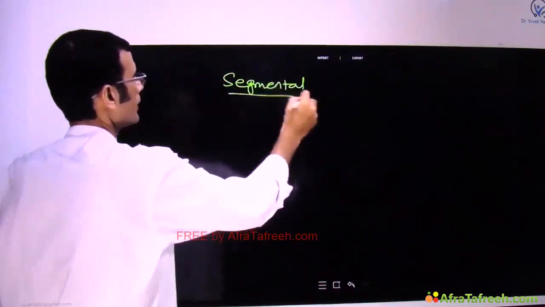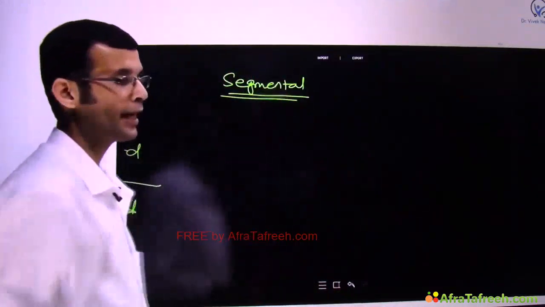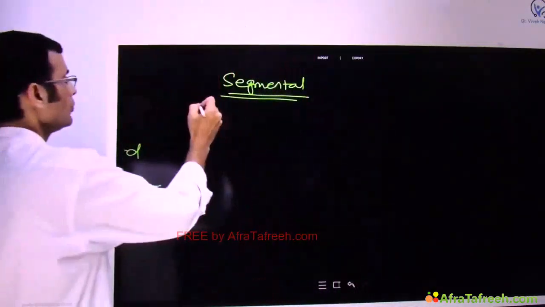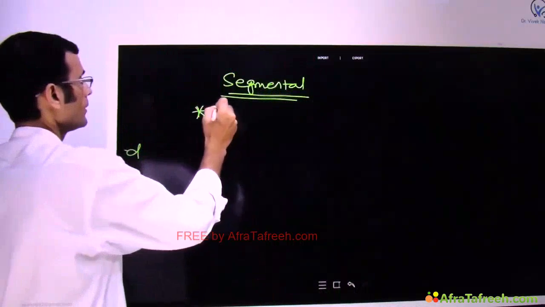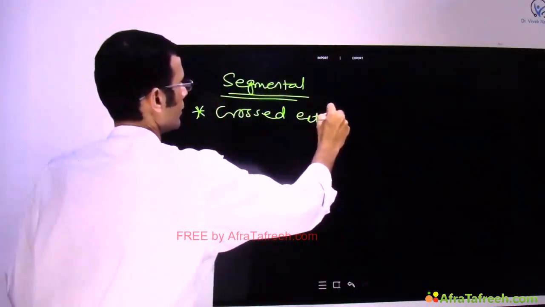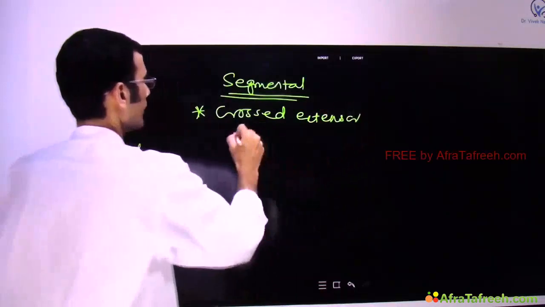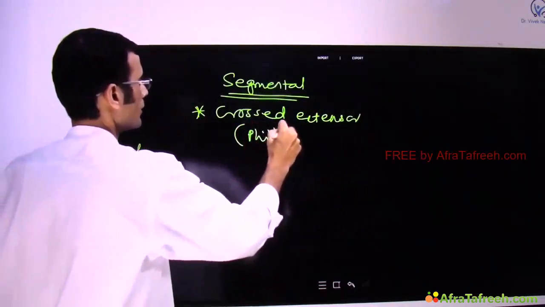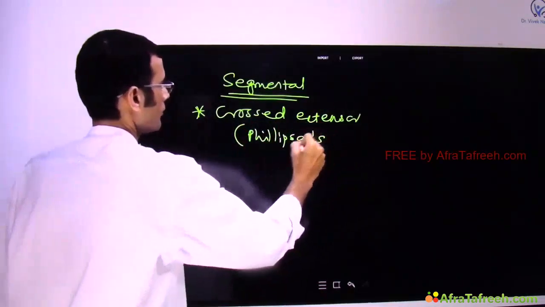Segmental static reflexes means an entire segment and both sides are involved. So that's a crossed extensor reflex. Crossed extensor reflex, sometimes called Philipson's reflex.